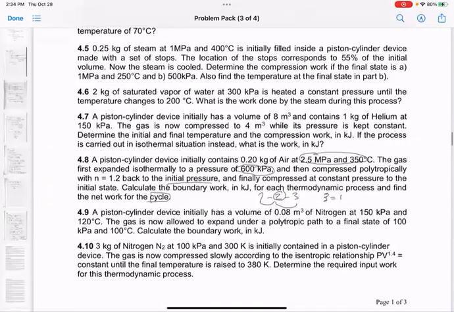So this is 4.8. We go to 600, then compress polytropically back to the initial pressure. Okay, so the initial pressure being 2,500. So now we're going to do a polytropic process going back to 2,500.